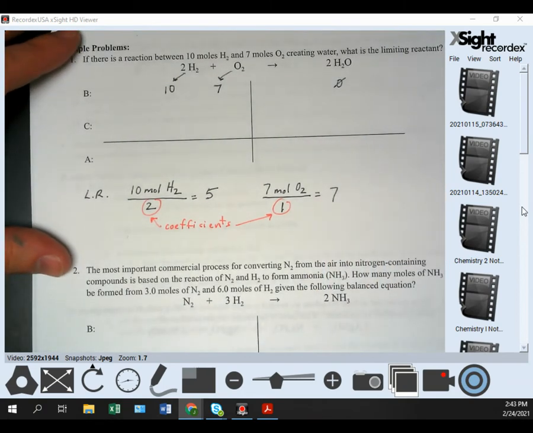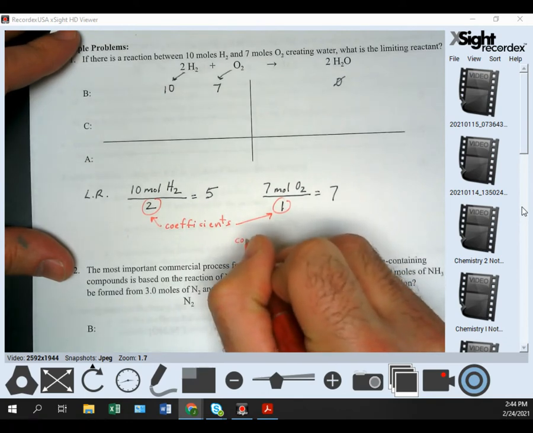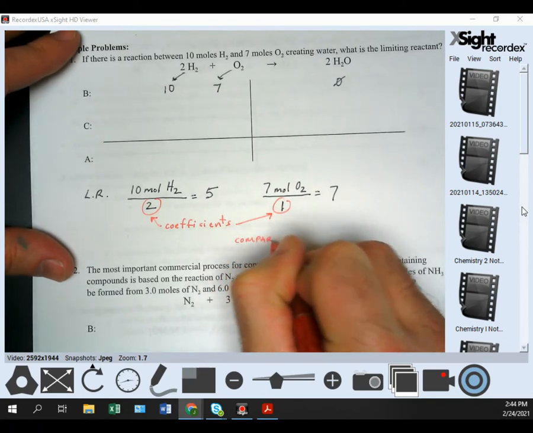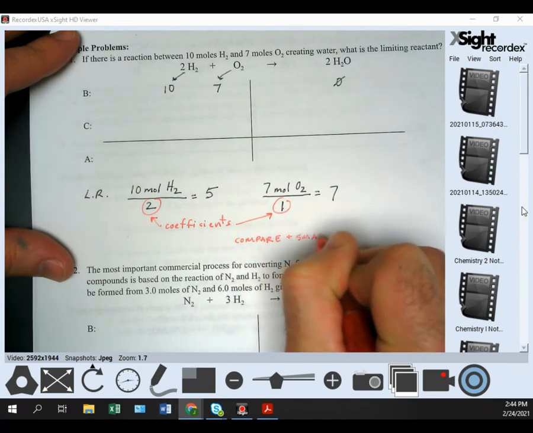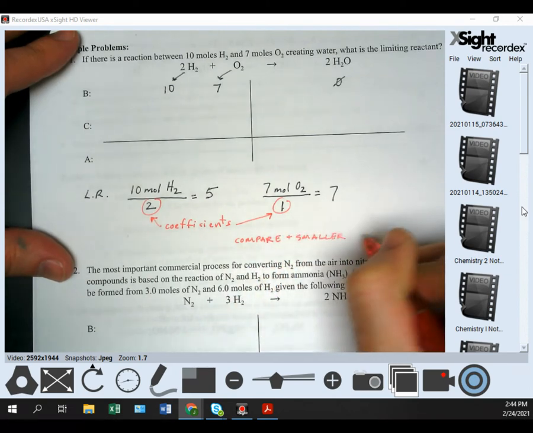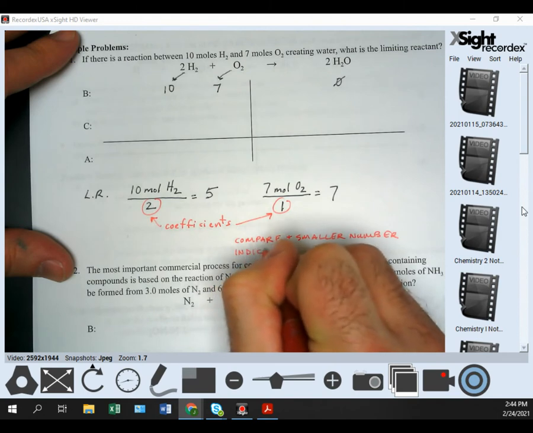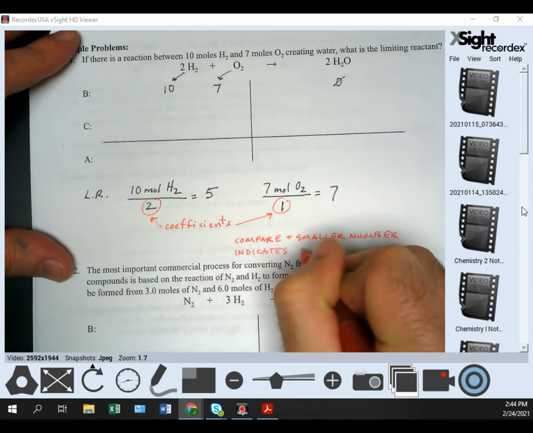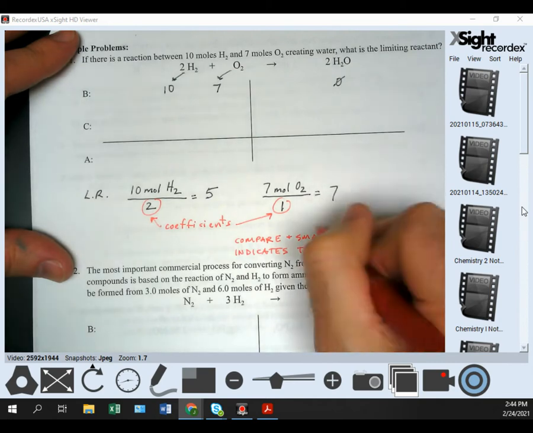Now, you compare, and the smaller number indicates the limiting reactant.